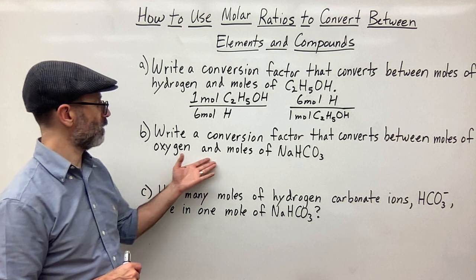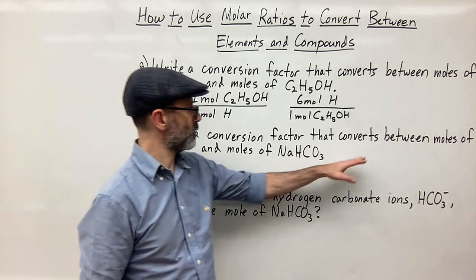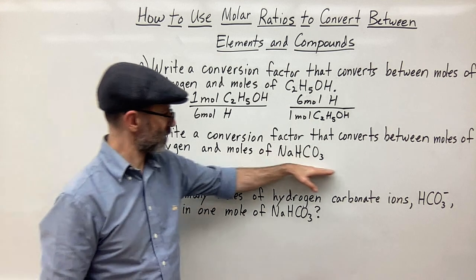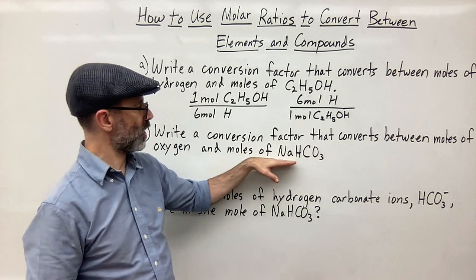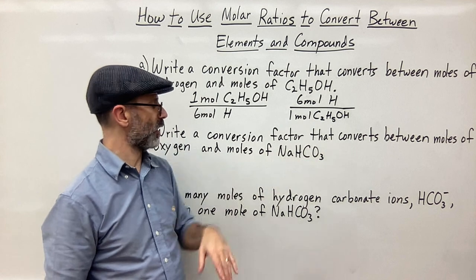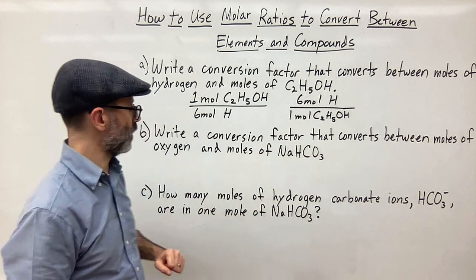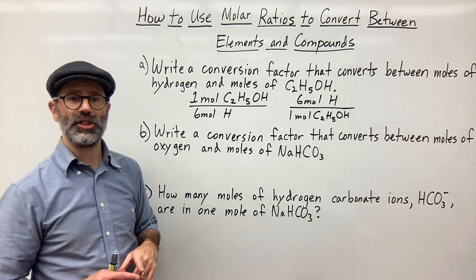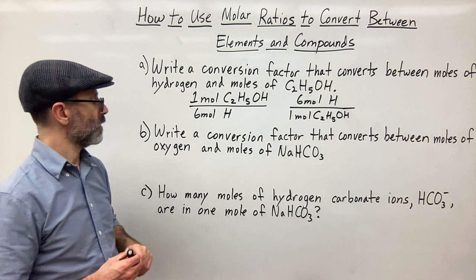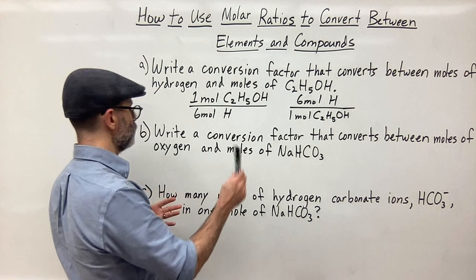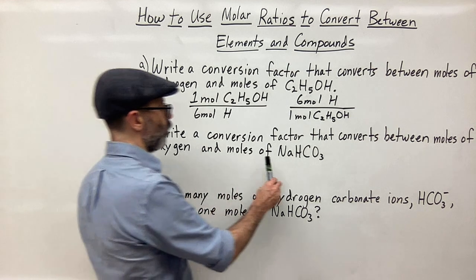Here they want us to write a conversion factor that converts between moles of oxygen and moles of this substance here. This is our sodium hydrogen carbonate, or bicarbonate if you want to use that name. So here is our formula. Again, we're going to get the ratio from the formula. We want a conversion factor that's going to convert between moles of oxygen and moles of this whole thing.